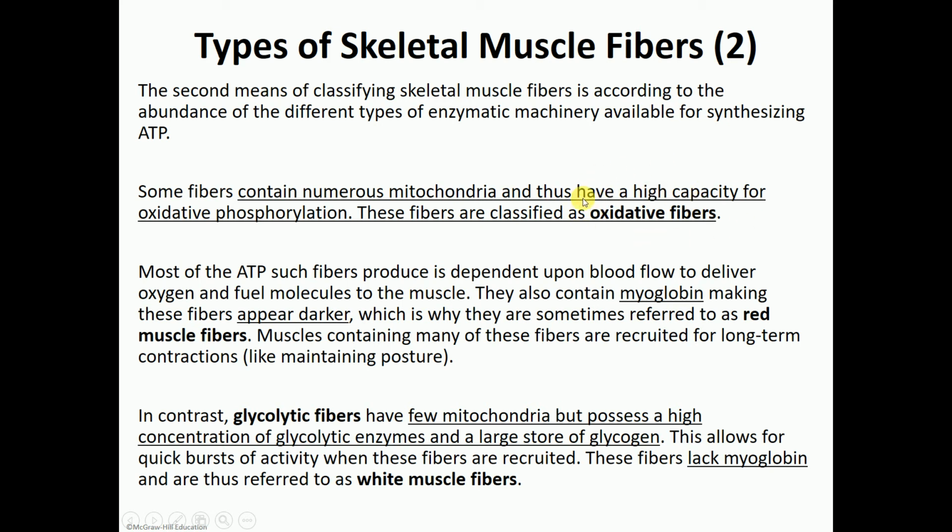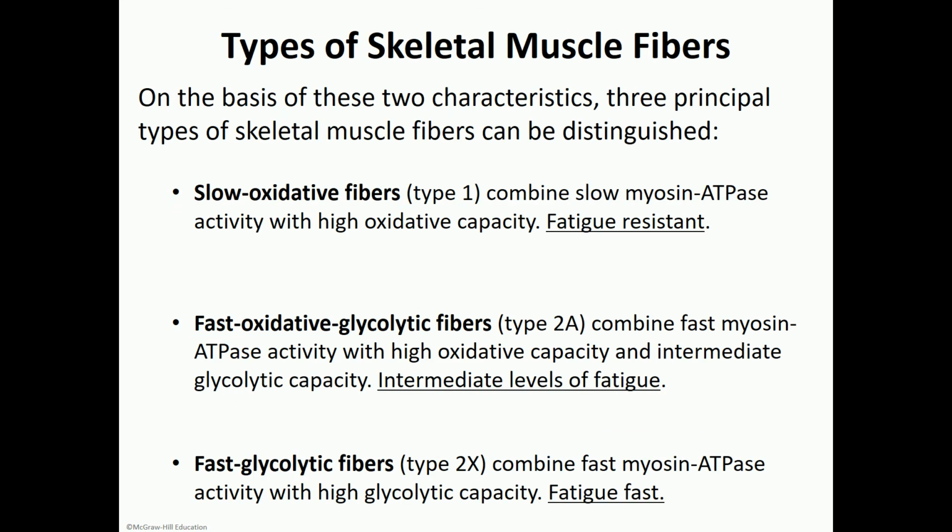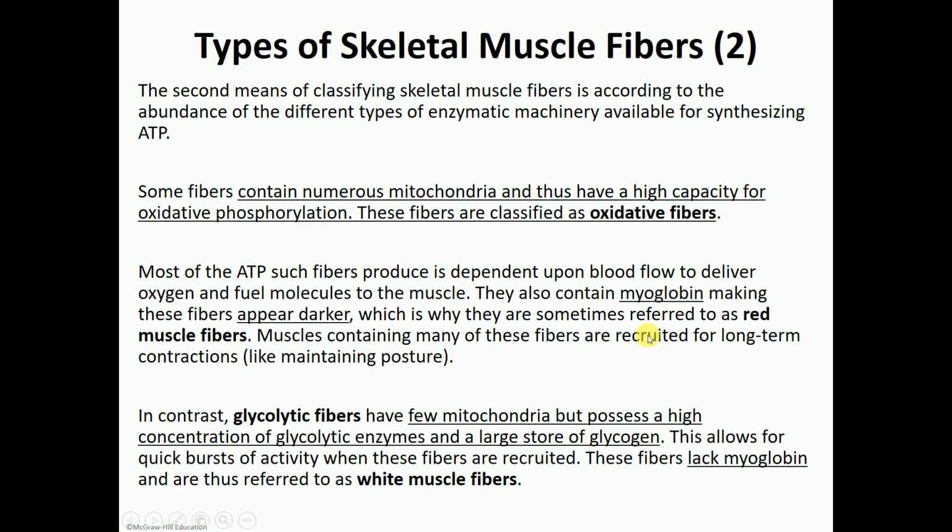So the oxidative fibers, these are the ones that are going to go through the Krebs cycle and the electron transport chain. They have lots of mitochondria. They have a great ATP supply. And in order to do that, they have to have oxygen stored. Oxygen is stored in the muscle in a protein called myoglobin.